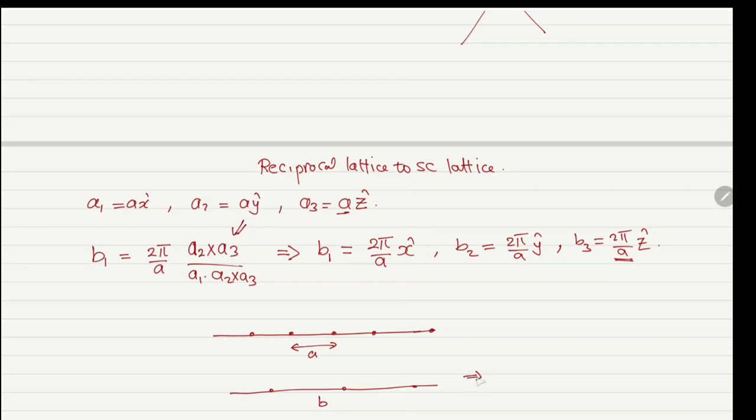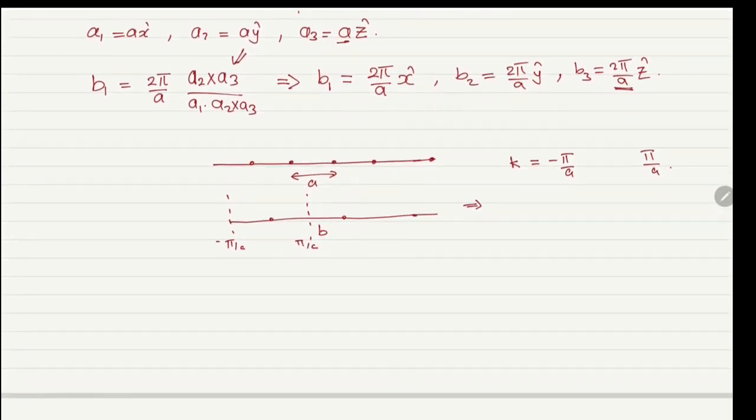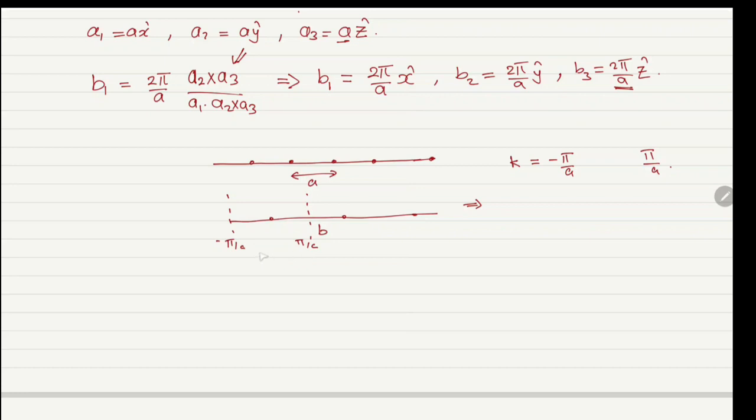The Brillouin zone boundaries are from minus pi over a to pi over a. Now, if this is b, so this is the Brillouin zone boundaries, minus pi over a to pi over a. This is the Brillouin zone boundaries.